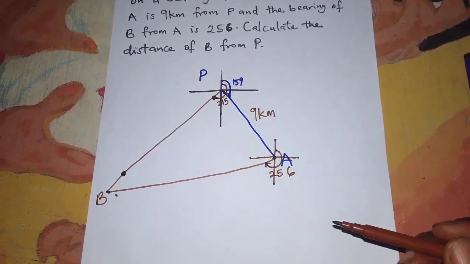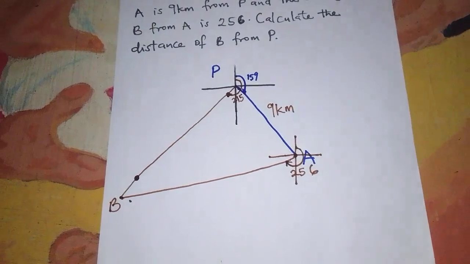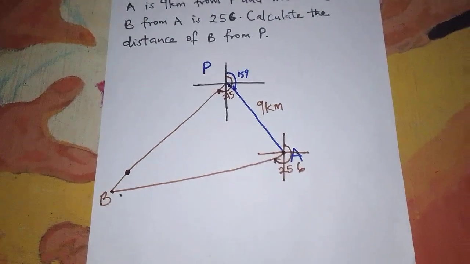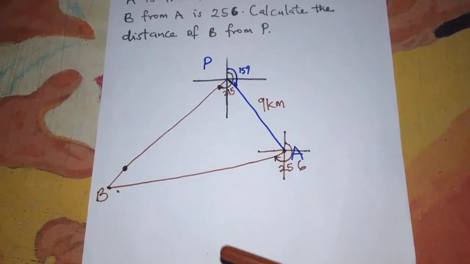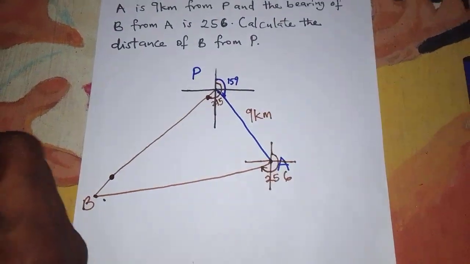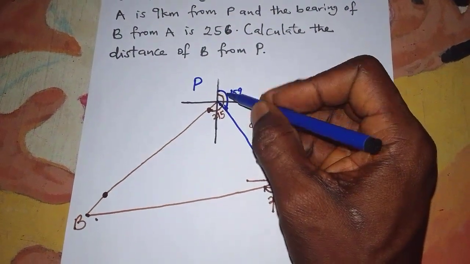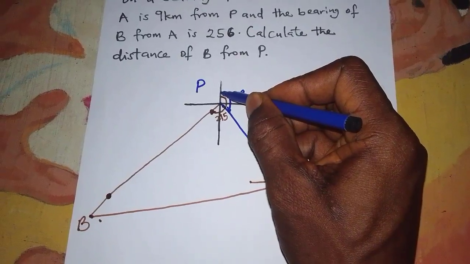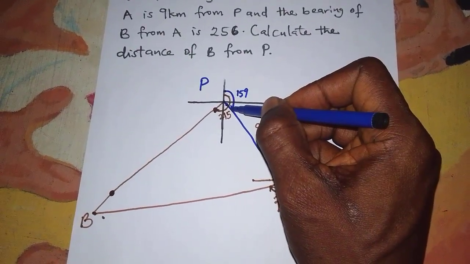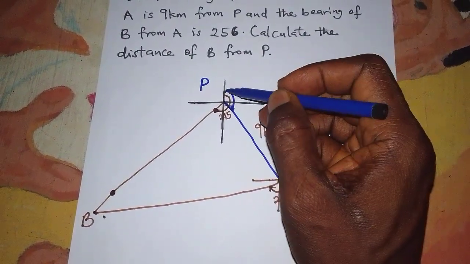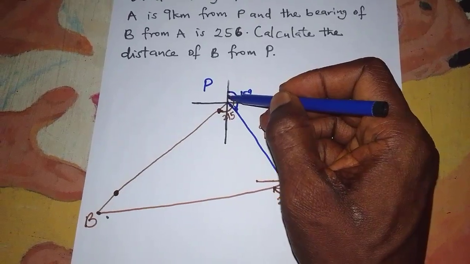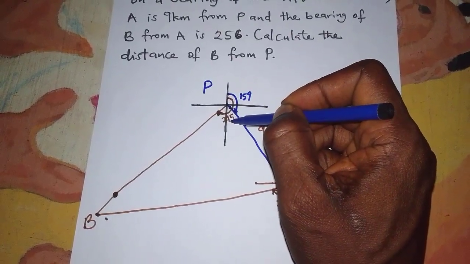Now let's try to get the values of the angles inside this triangle. First of all, from the north to this line is 159, and from the north to this line is 215.